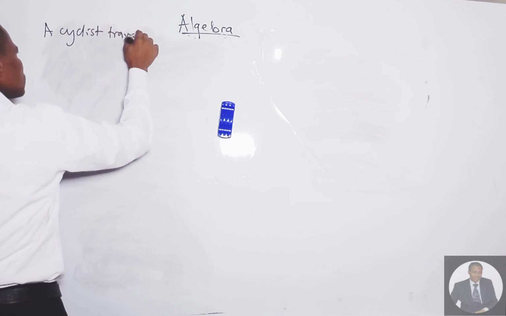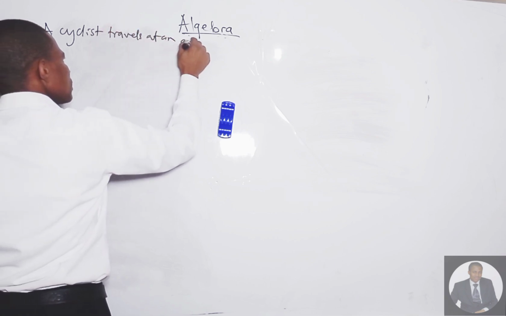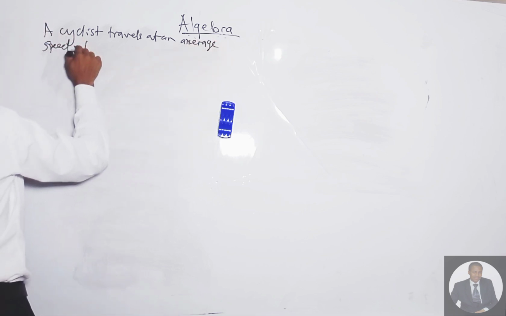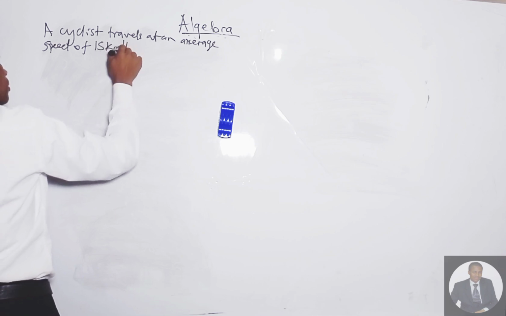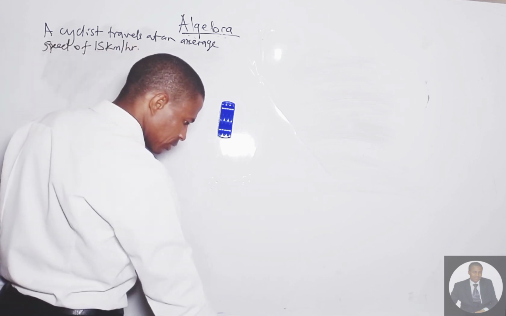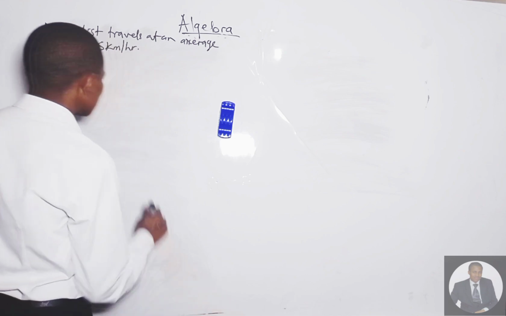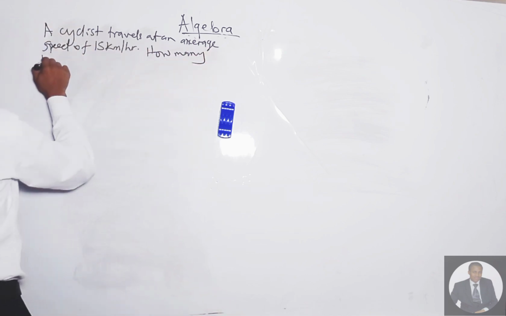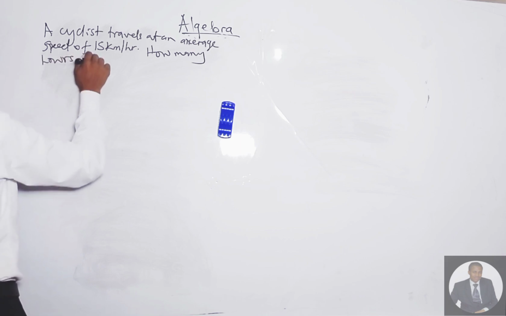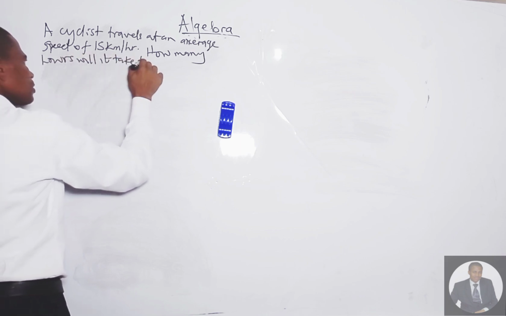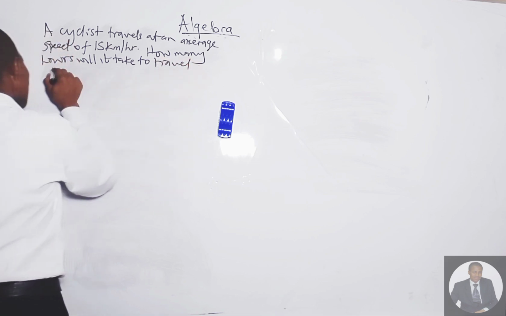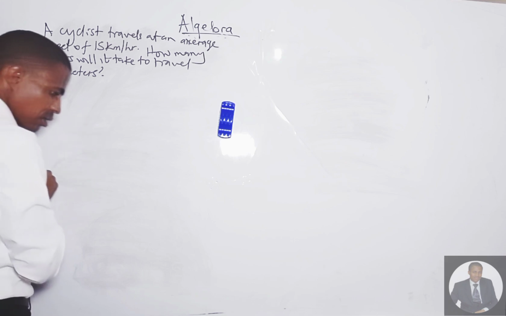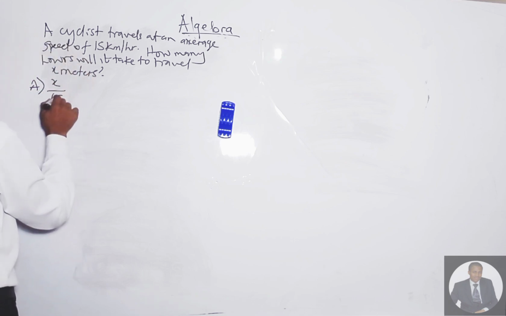How many hours will it take to travel x meters? Then we have some options here. A is x over 15,000.